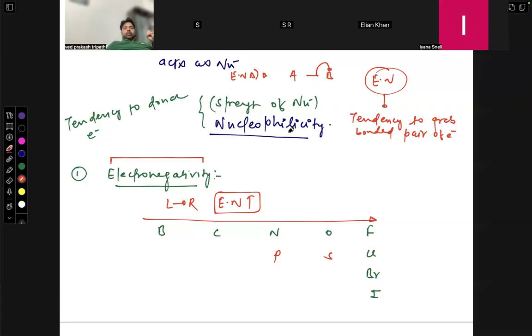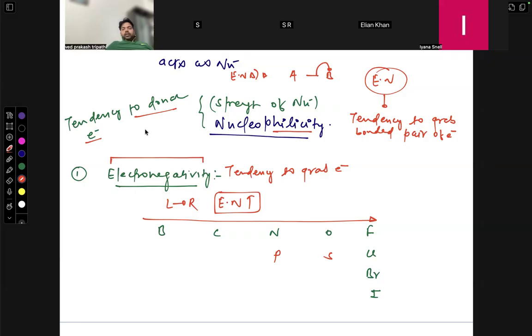And what is nucleophilicity? It is a tendency to donate electron. That's why electronegativity and nucleophilicity have opposite relationship. So more electronegative element can behave as a poor nucleophile because it does not want to donate its electron.